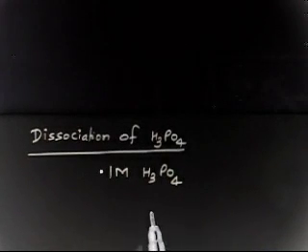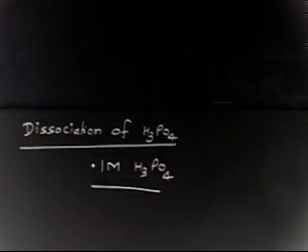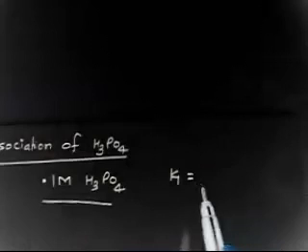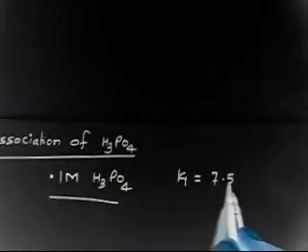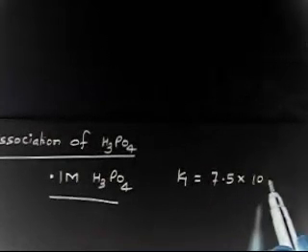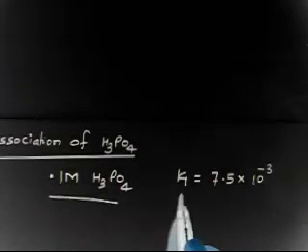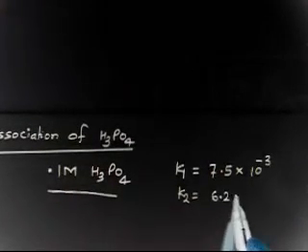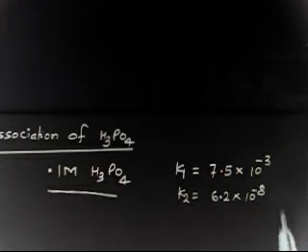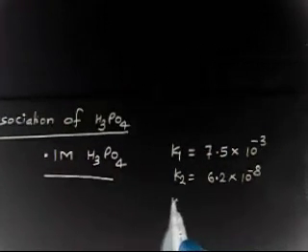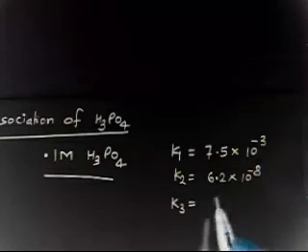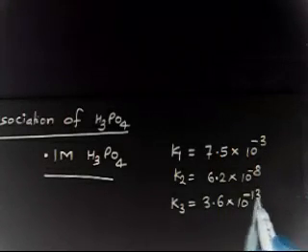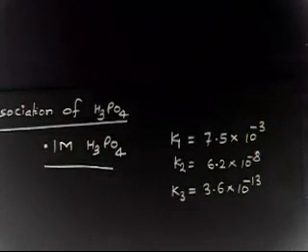What are the species that are present in 0.1 M H3PO4? As a hint, K1 is given to you: 7.5 into 10 to the power minus 3. K2 is also given: 6.2 into 10 to the power minus 8. K3 is also given, that is equal to 3.6 into 10 to the power minus 13. You have to calculate the pH also.